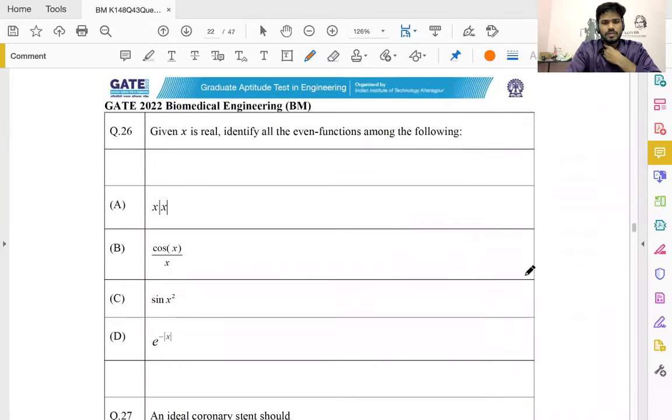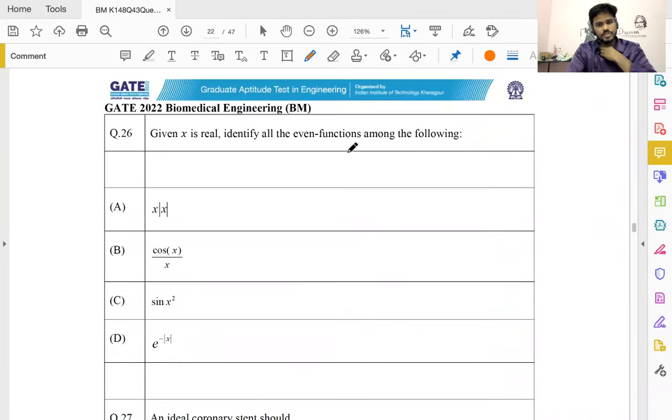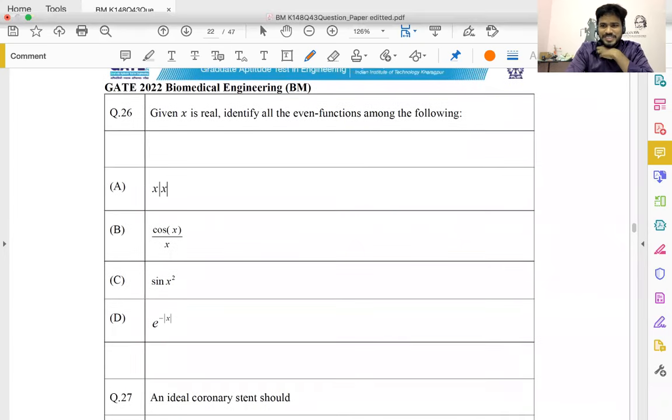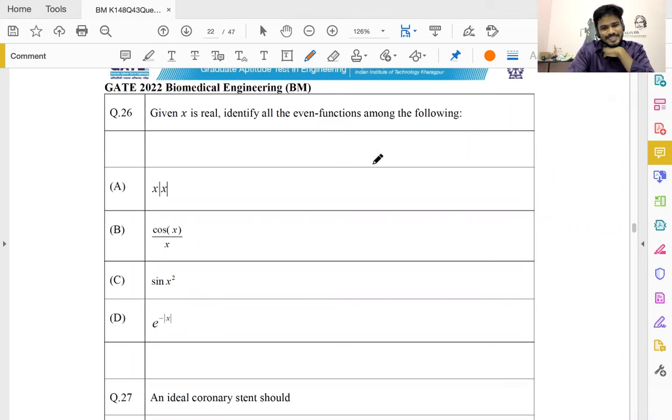Given x is real, find all the even functions among the following. Yeah, we know this. Given functions, odd functions, sine power 43x and all, we know how to do. So these are relatively easy functions. Notice x is odd, mod x is even, mod x is symmetric, x is not symmetric.